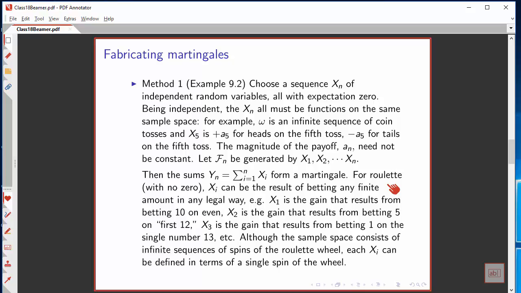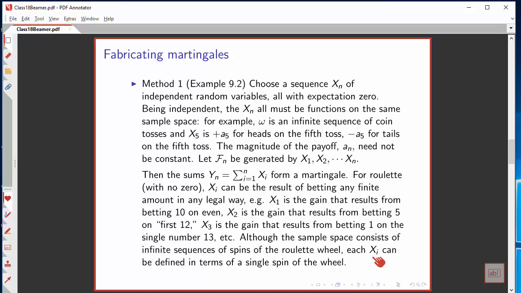Each x sub i could result from any finite allowable bet. x1 could be the gain that you get if you bet 10 chips on even on the first day. x2 could be the gain that you get if you bet 5 on the numbers 1 through 12 inclusive are going to show up, in which case you've only got 1 chance in 3 of winning, but your winnings are equal to double the amount of your bet if you win. x3 could result from betting 1 on a single lucky number, like 13, in which case you will either lose 1 or gain 35.